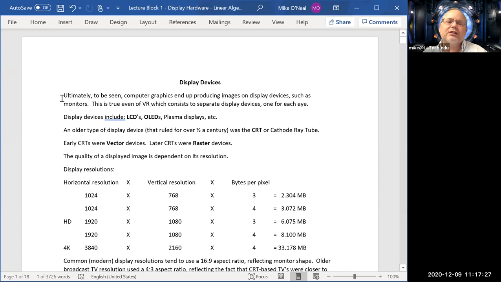So your image was built up of dots, where you could have 640 dots across and 480 lines downward. And that's what the electromagnets in the electron gun would do: scan a line, and then come back and scan another scan line, and then come back and scan another scan line.